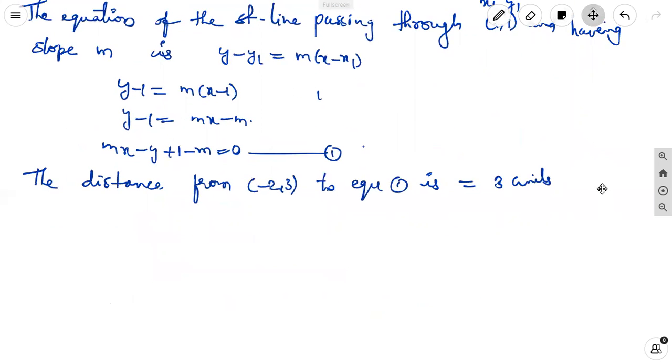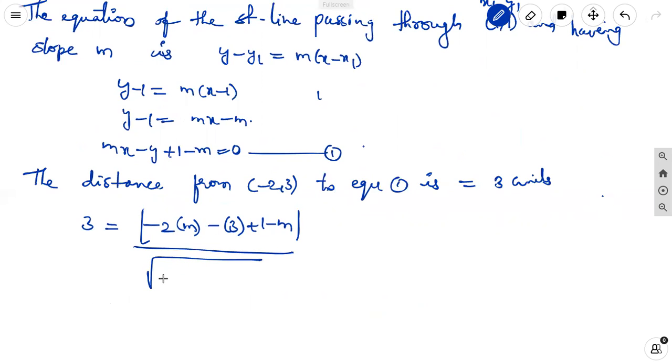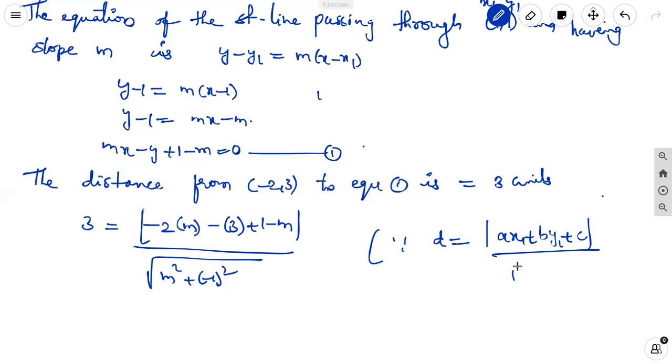That is nothing but 3 units equal to modulus of (-2 into m minus 3 plus 1 minus m) by under root of a square, which is m square, plus b square, which is minus 1 whole square. The distance formula is d equal to modulus of a x1 plus b y1 plus c by under root of a square plus b square.